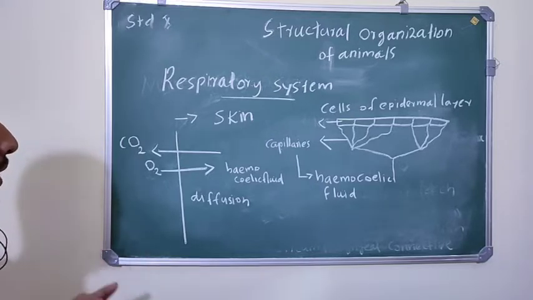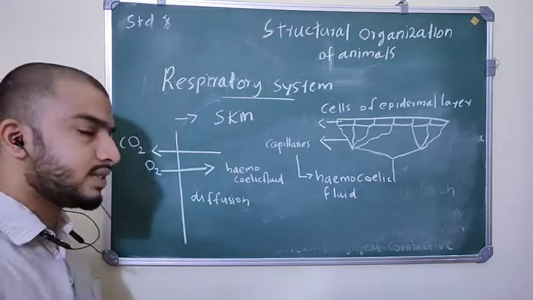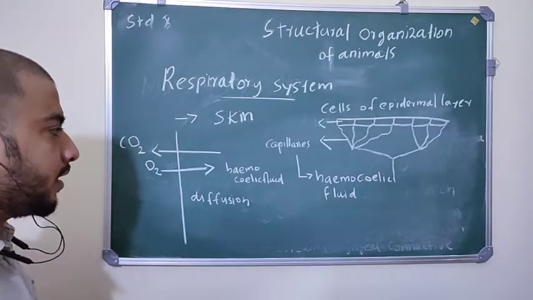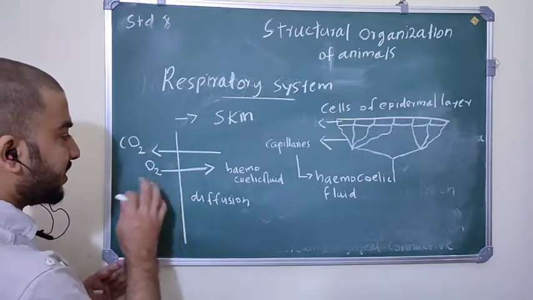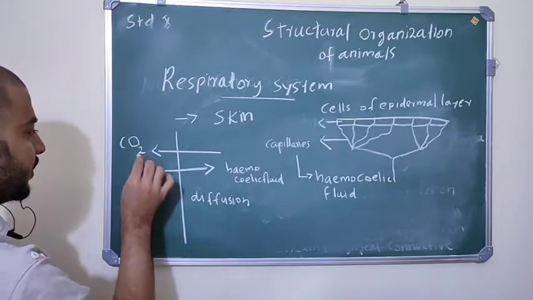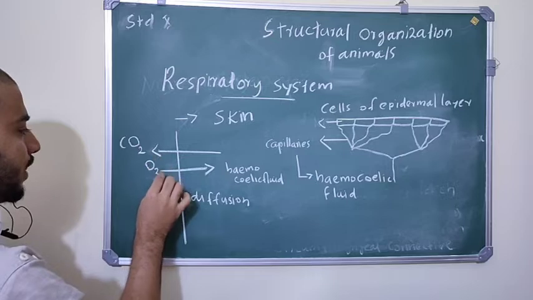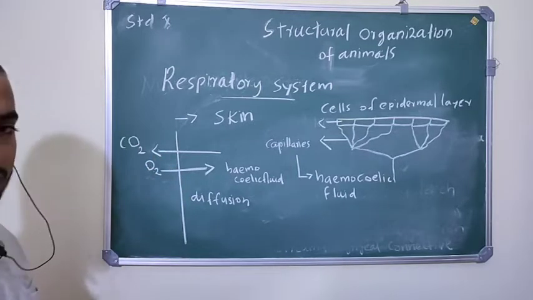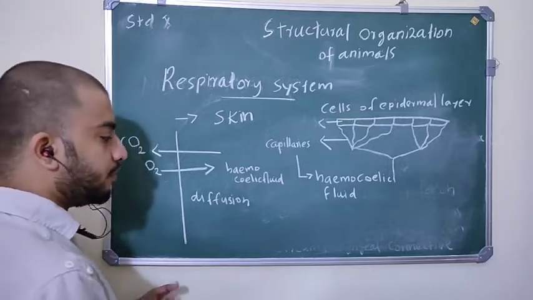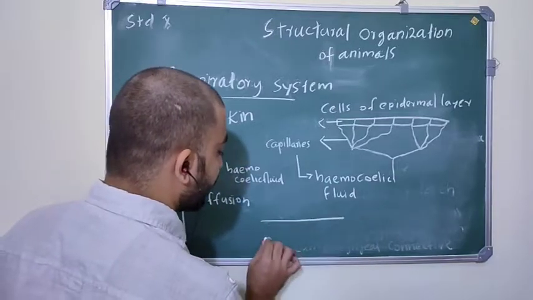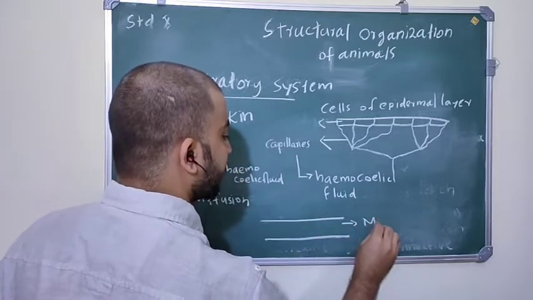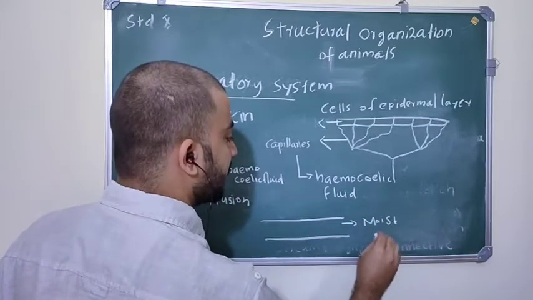So what are the main important points about the respiratory system? The respiration takes place through the skin, and the exchange of respiratory gases, CO2 and O2, takes place by diffusion. Okay, and if you observe the skin of this leech, it is always moist and slimy.